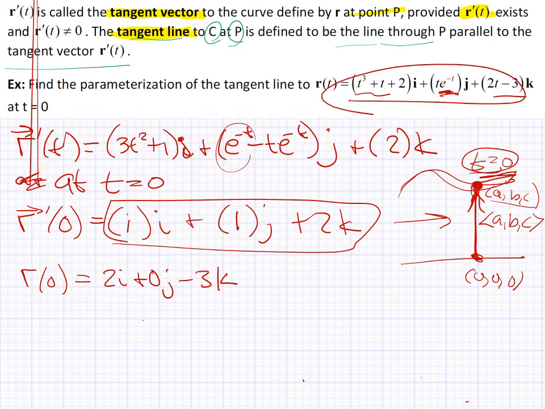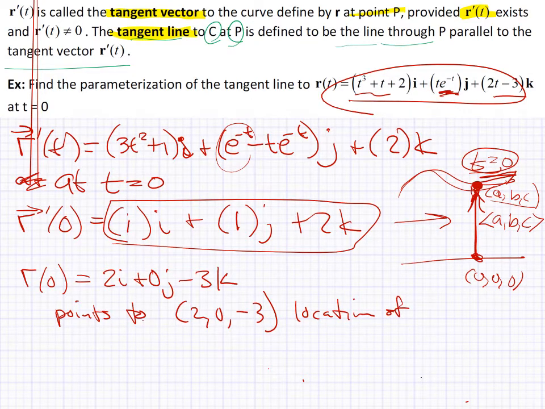That vector points to the point 2, 0, negative 3. So this is the location of the tangent vector r prime of 0 when t equals 0.